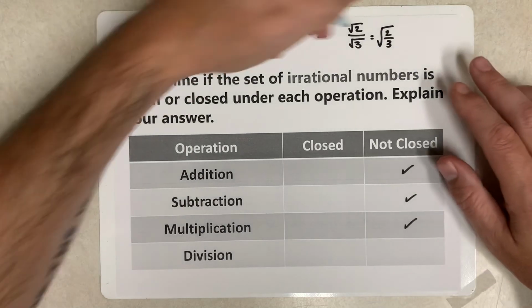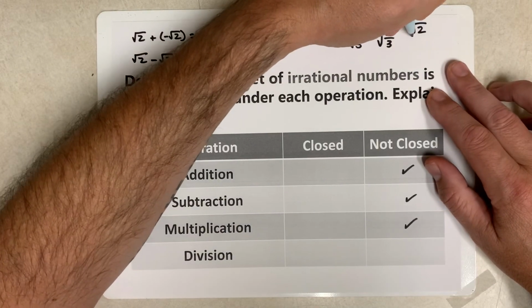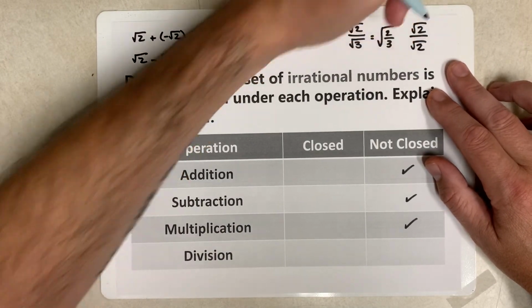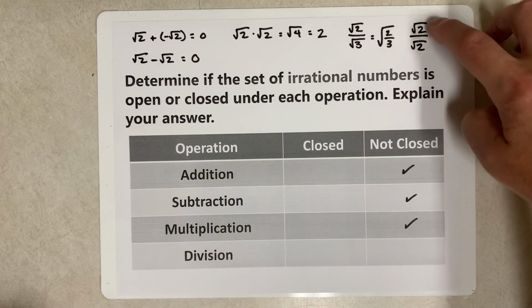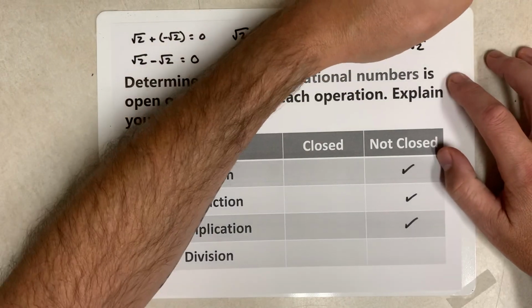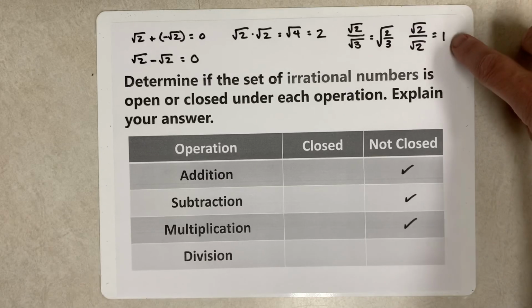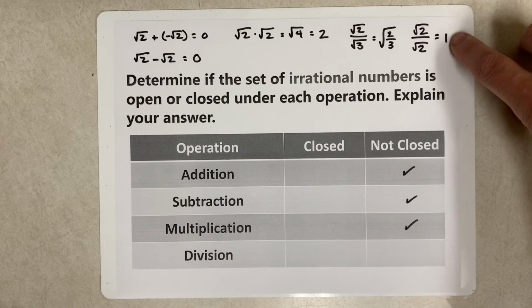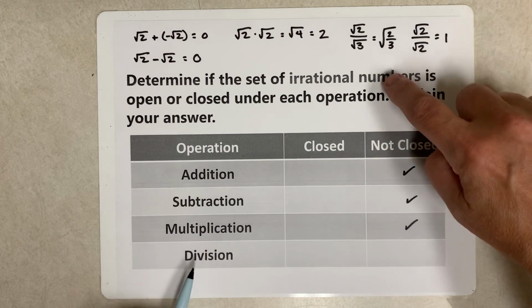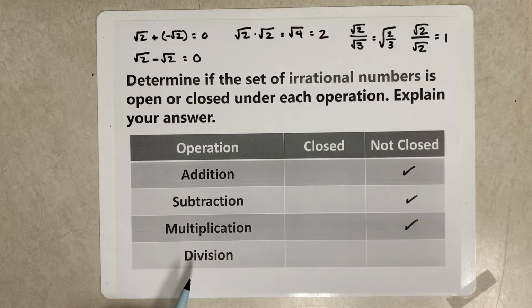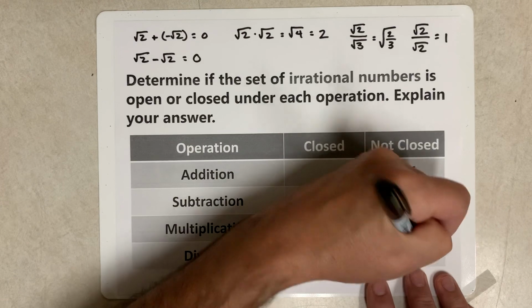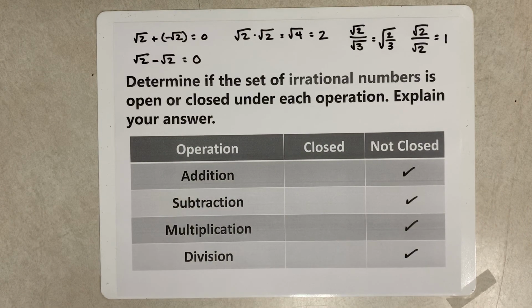But here's the problem. If you take the square root of 2 divided by itself, which does qualify because they're both irrational, right? You get 1, which is rational. And so the issue here is there is a possibility where you can divide two irrational numbers and get a rational number at the end. So that set is not closed under division.